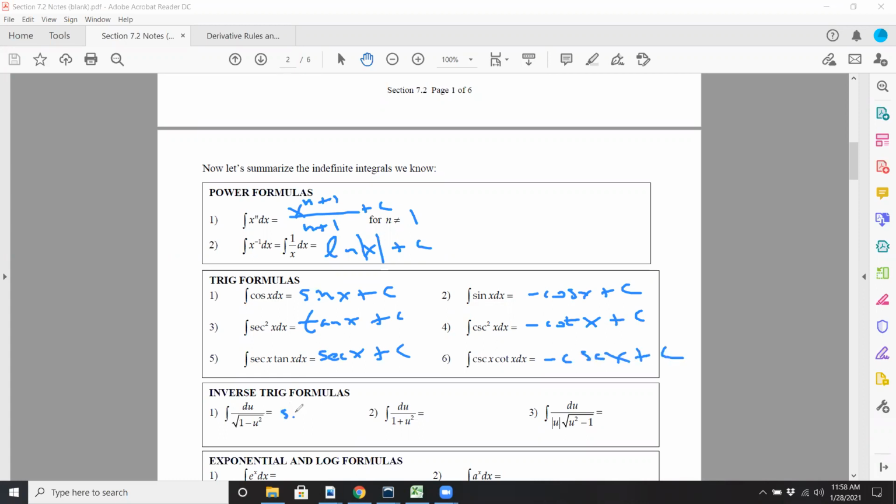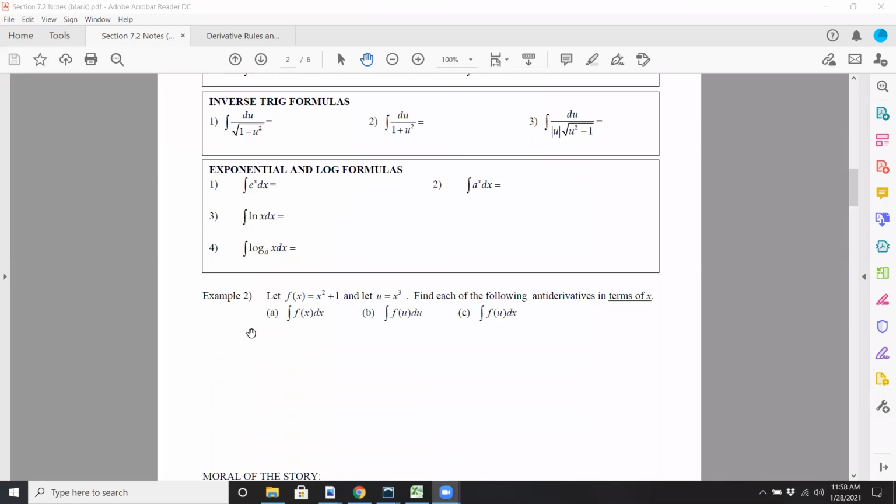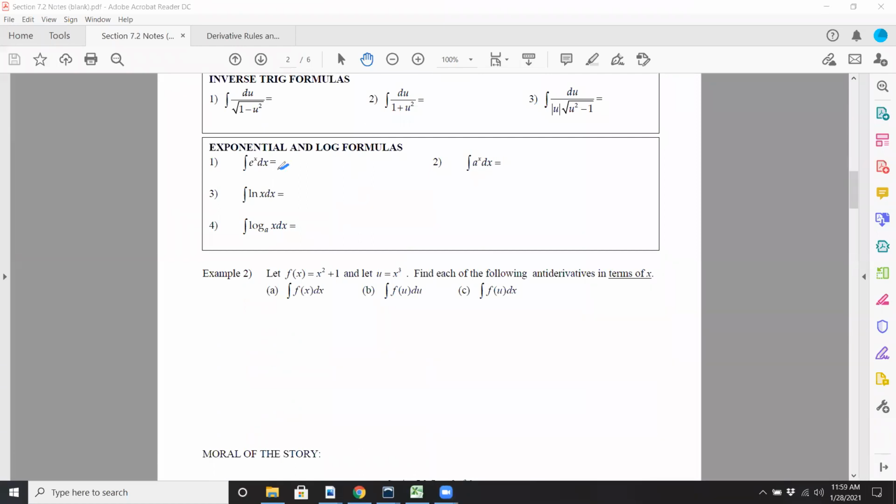For here, that's inverse sine of x plus c. Inverse tan of x plus c. And inverse secant of x plus c. For exponential and log formulas, that's straight up just e to the x plus c. Now we've seen this already: x ln x minus x plus c.